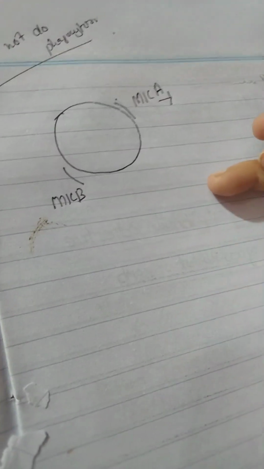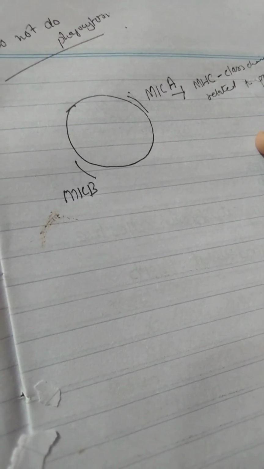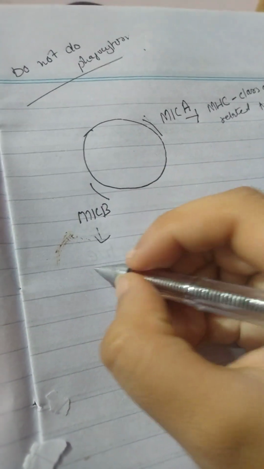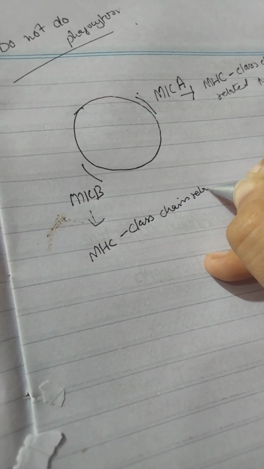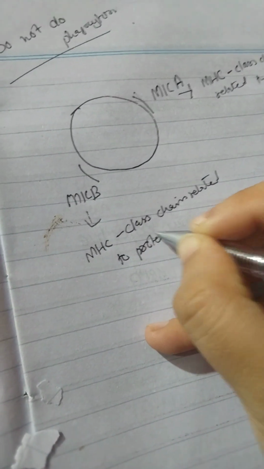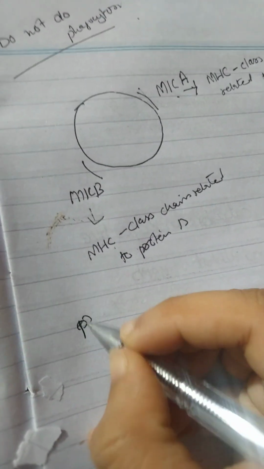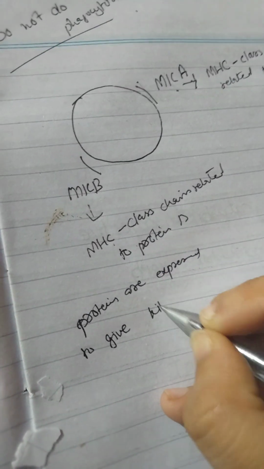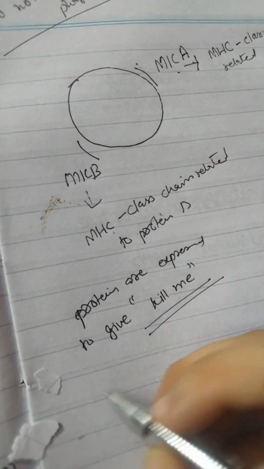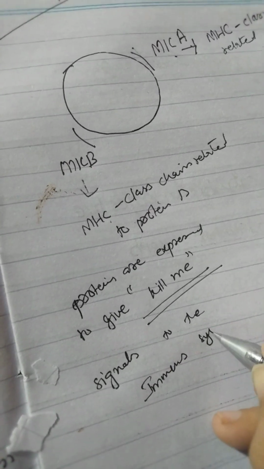MICA stands for MHC class I chain-related protein A, and MICB means MHC class I chain-related protein B. These both proteins are expressed to give kill-me signals to the immune system.